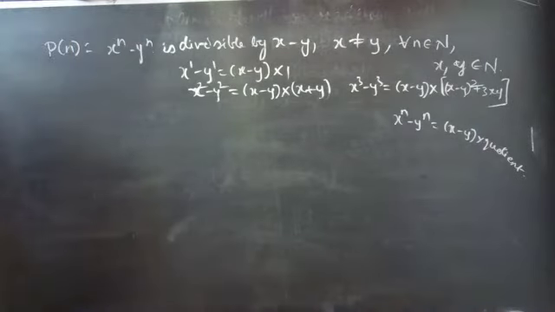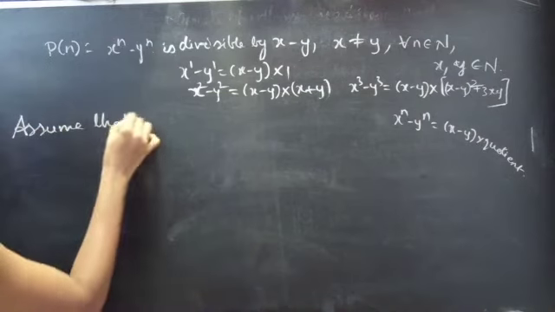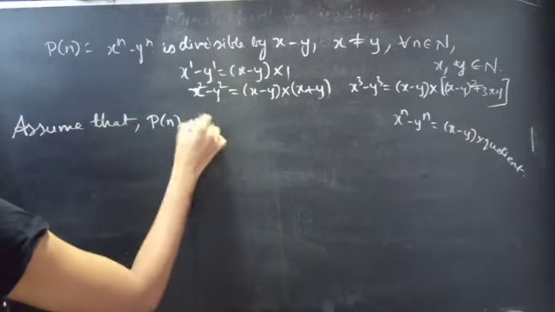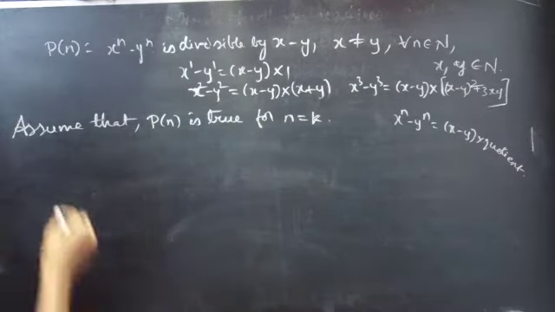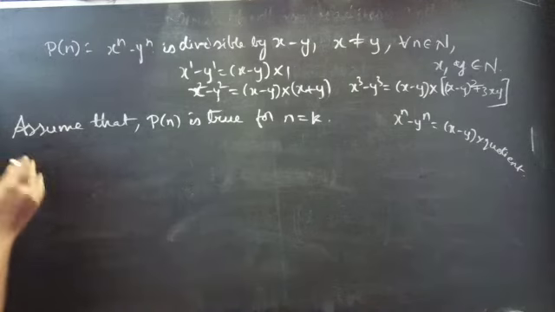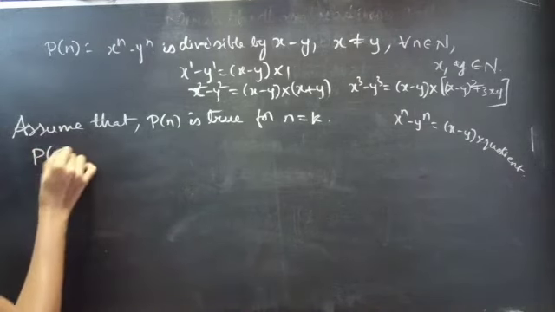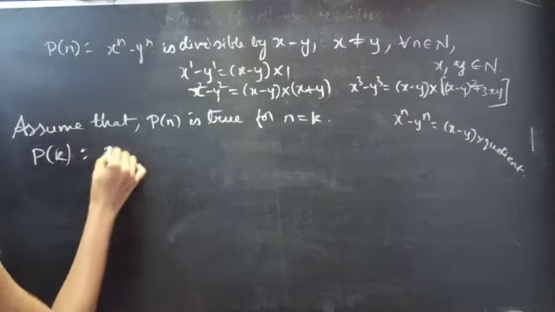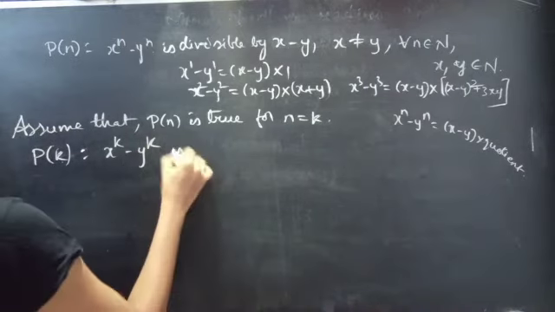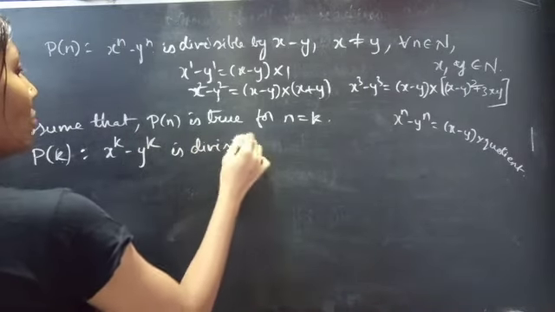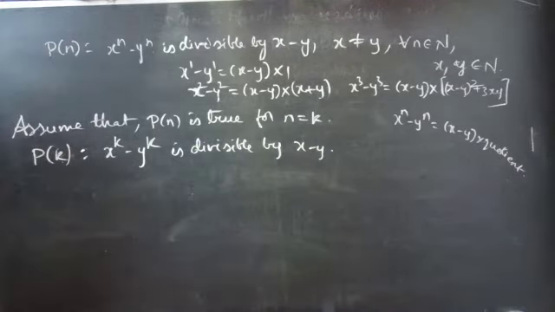Now, let's see. For k, here we have to assume, right? Assume that P of n is true for n equals k. That is, P of k will be x power k minus y power k divisible by x minus y, right?